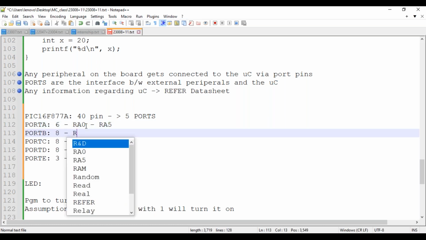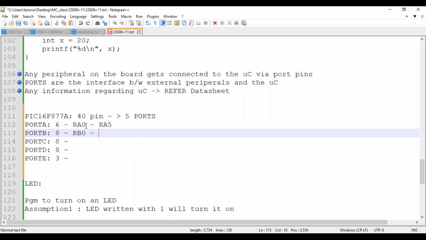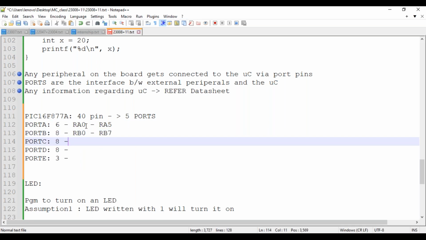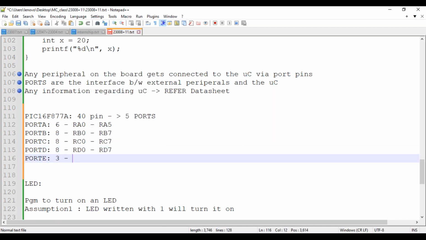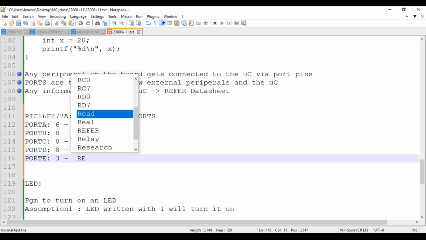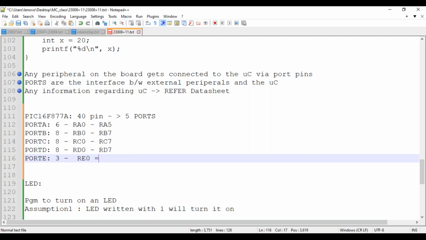Then RB0 to RB7, then RC0 to RC7, RD0 to RD7, then RE0 to RE2. So these are the names of the pins of the corresponding ports.